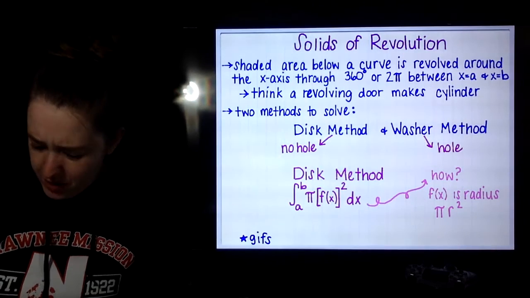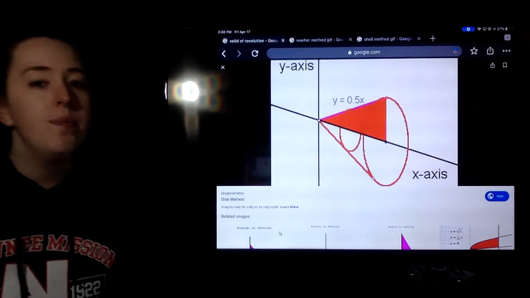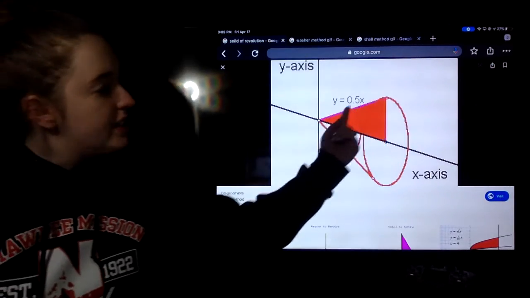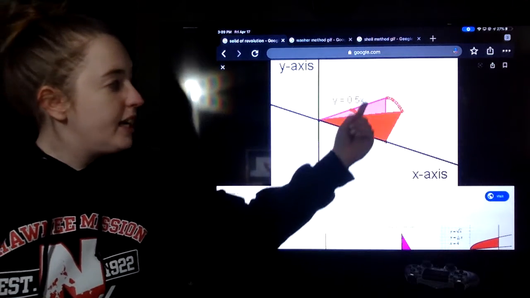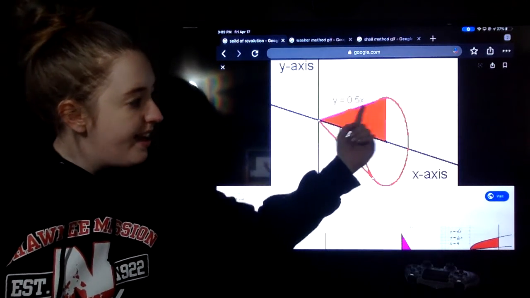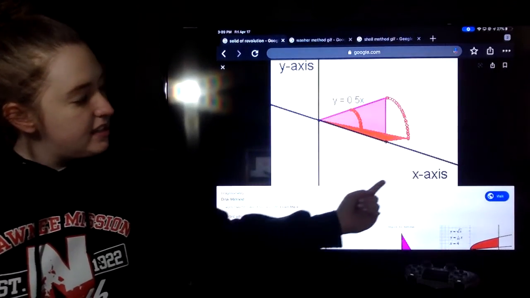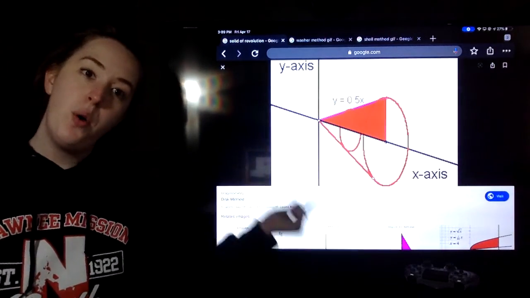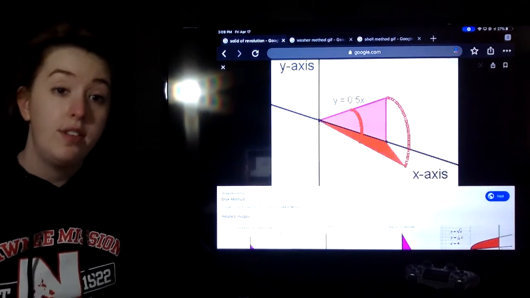So let me show you an example of something that might help. So let's say that we have this line right here. So as you can see, we can take that line and spin it around the x-axis, and then it makes this cone right here. So that cone is my solid of revolution.